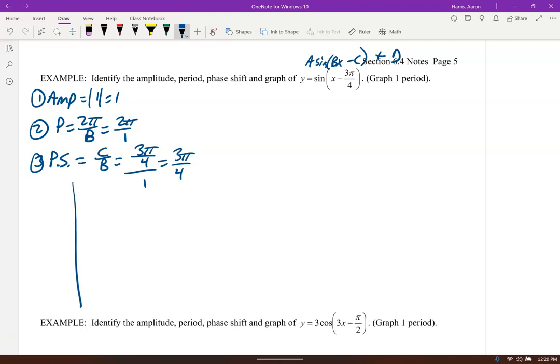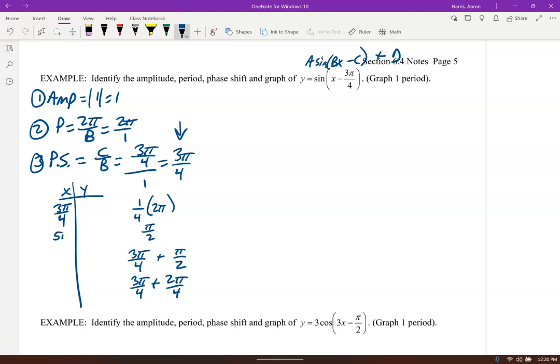So our key points, we're going to start at 3 pi fourths. It's positive, so it's moving off of 0, moving to the right 3 pi fourths to start the cycle, if you will. Then we're going to cut the period in fourths, so 1/4 of our period, and we'll go up 2 pi fourths, pi halves. So the next point would be 3 pi fourths plus pi halves, which is the same as 3 pi fourths plus 2 pi fourths.